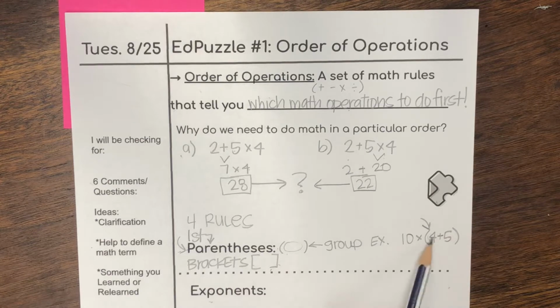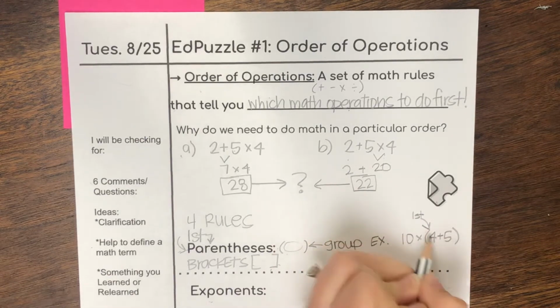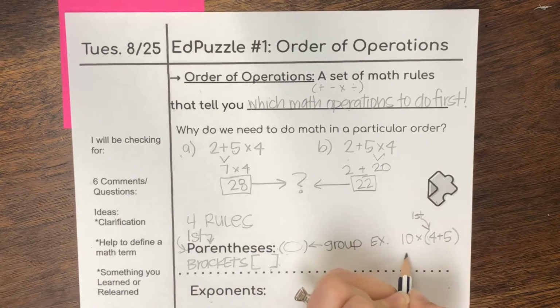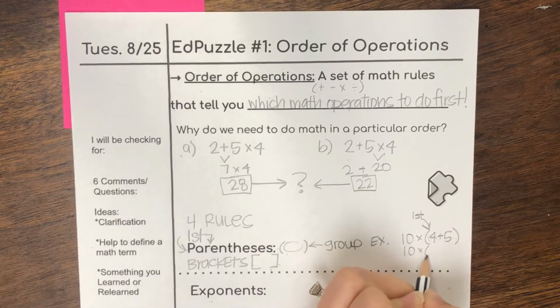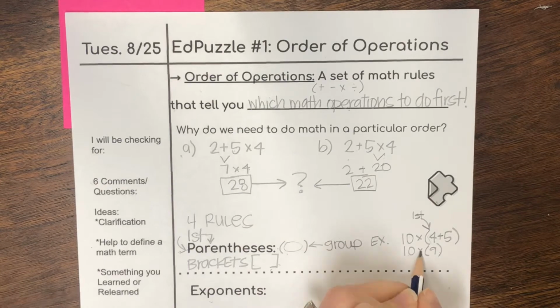They're both numbers, so we can simplify 4 plus 5. That's our first priority. 4 plus 5 equals 9. Now, I wrote the parentheses, but since we only have one number left in there, it's basically not a group anymore. So we can take the parentheses out, but it doesn't hurt to leave them. And then we'll get 10 times 9, which equals 90.